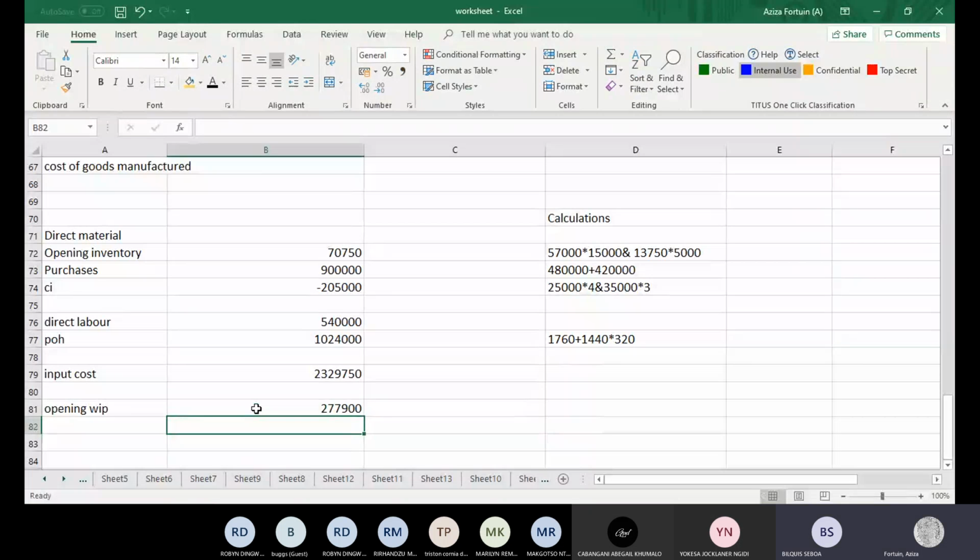And what is our closing inventory? Our closing WIP? Is it 5,988.50?